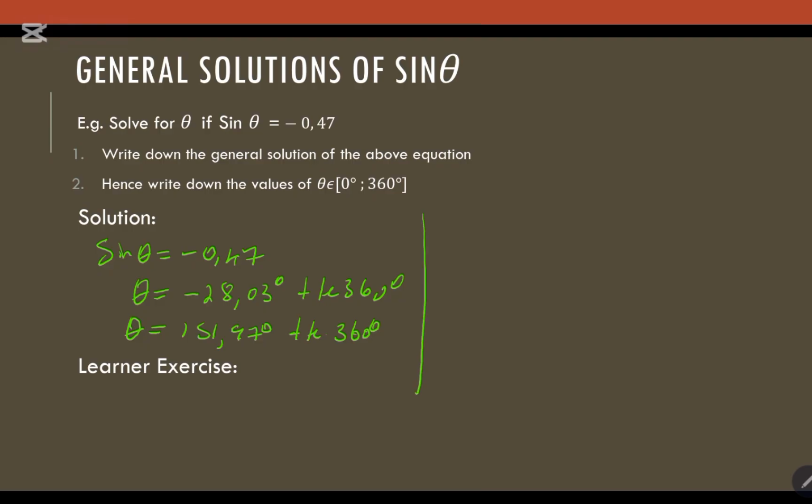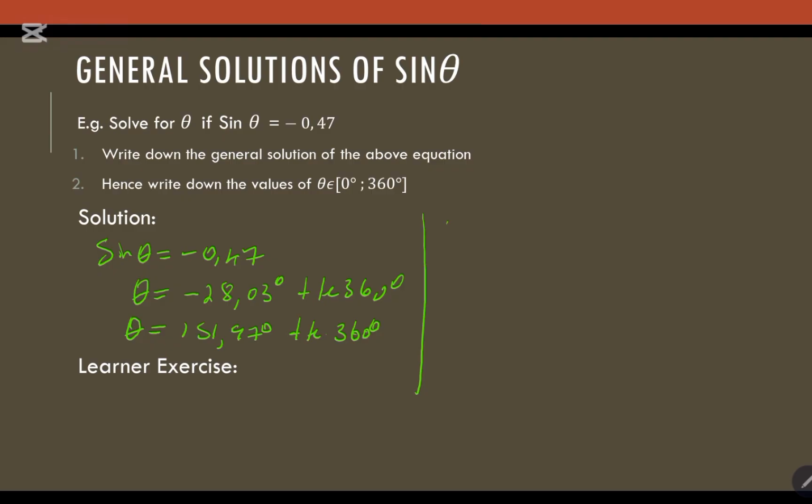The other thing that we can also do is by using the quadrant in drawing up this general solution. You can ignore the negative sign and simply find all the quadrants in which the trigonometric ratio of sine is negative. The trigonometric ratio of sine is negative in the third quadrant and also negative in the fourth quadrant.